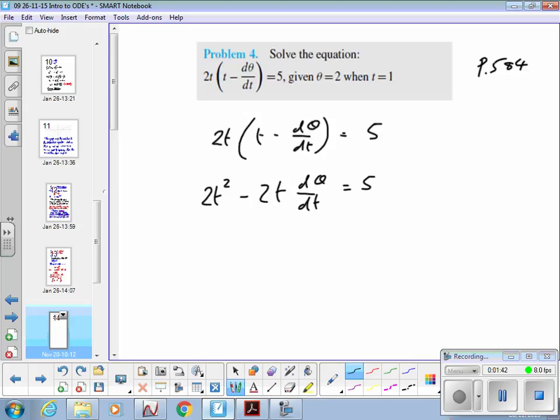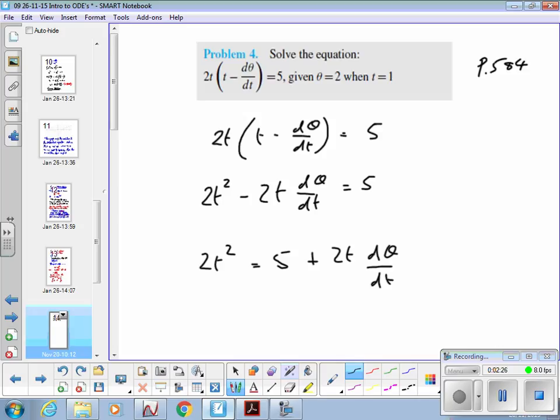Now what I'm going to do is try and get everything over the right hand side apart from the differential. I'm going to use a few tricks. This term is negative, look. Do you remember when we were talking about algebra ages ago? If the term involving the thing I'm trying to get on its own is negative, effectively add it to both sides and it becomes positive. So the first thing I'm going to do is add this to both sides, to make positive that term involving the differential.